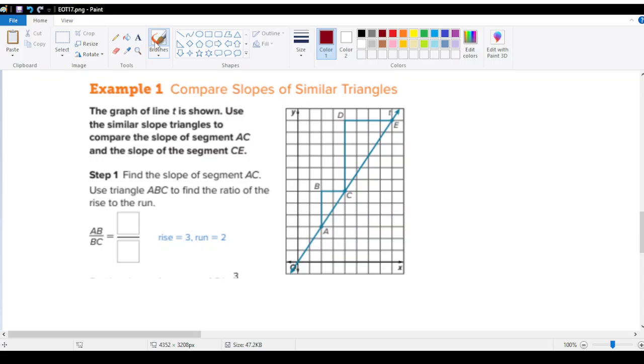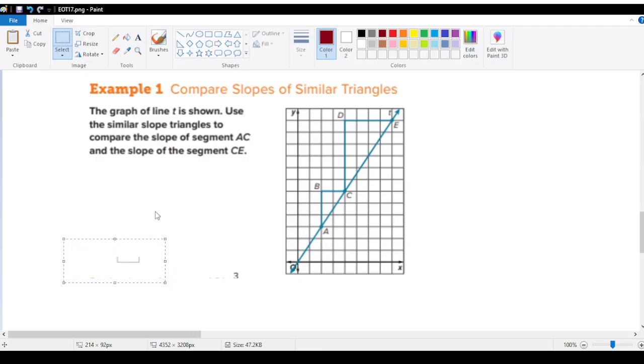The graph of line T is shown. Use the similar slope triangles to compare the slope of segment AC and the slope of the segment CE. Step 1: find the slope of segment AC. This is a part of the solution, so we are not going to read it.